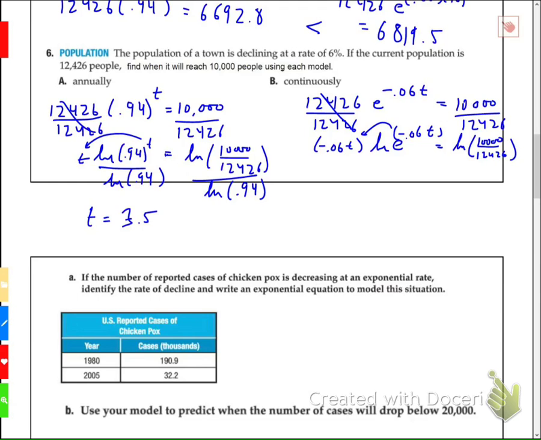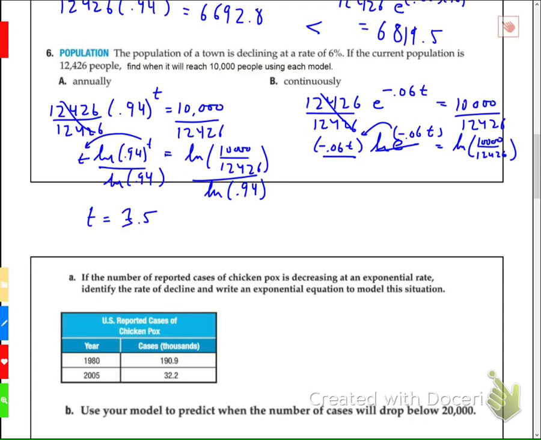Now here's why natural logs are so powerful. If I'm using base e from the continuous formula, what's the natural log of e? What power do I raise the base e to get e? 1, good. It turns into a 1, which means that for multiplication purposes it's gone. It just canceled out.